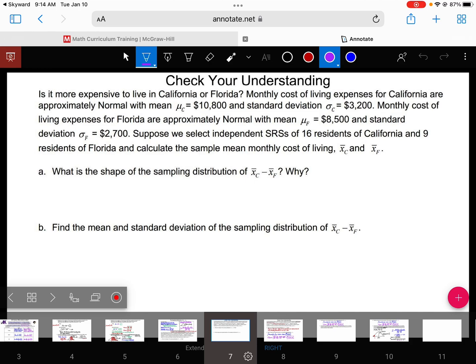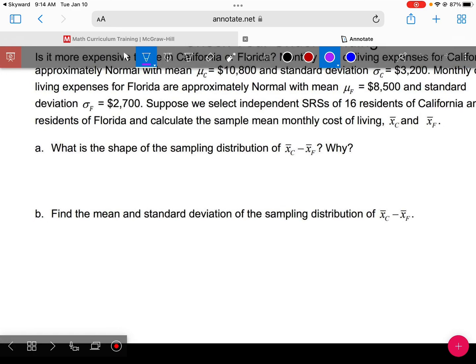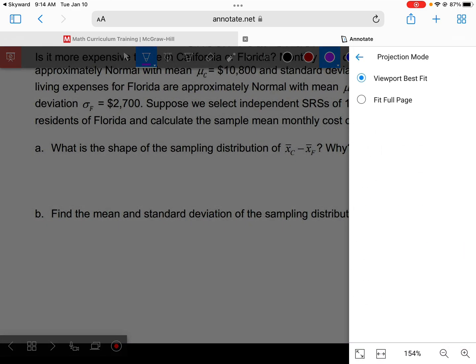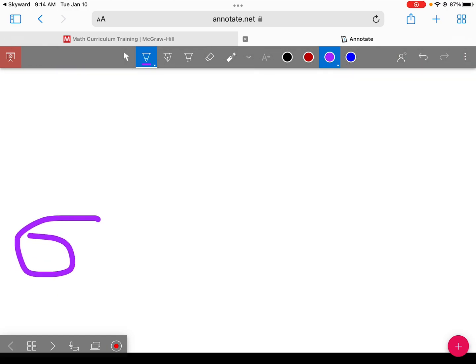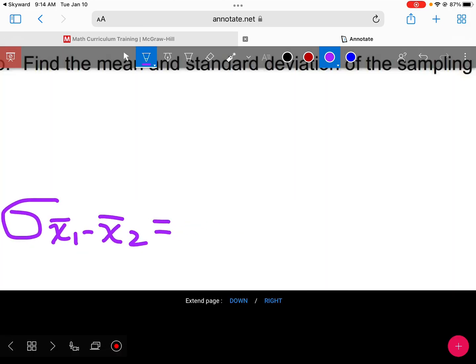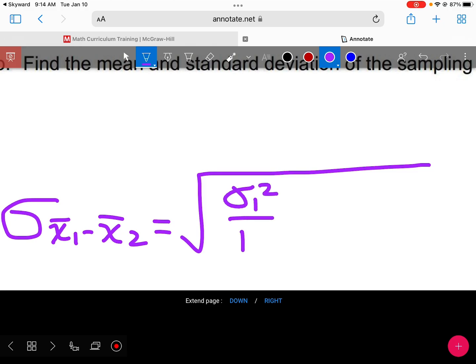How do I find the standard deviation? Yes. So sigma of x bar 1 minus x bar 2 is going to be equal to, and then I've got a big old square root here, sigma 1 squared over n1.